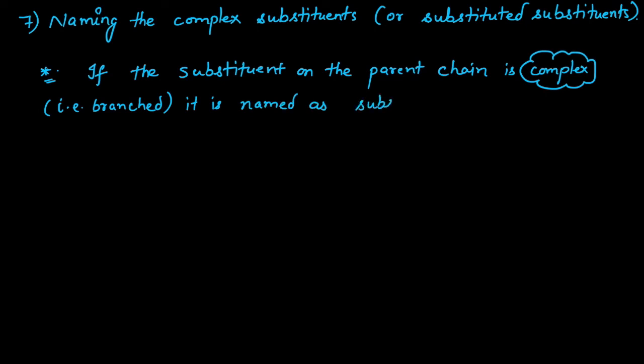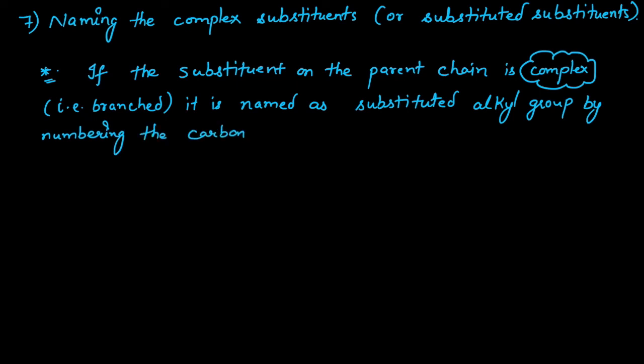Then it is named as a substituted alkyl group, by numbering the carbon atom of this group attached to the parent chain as 1.